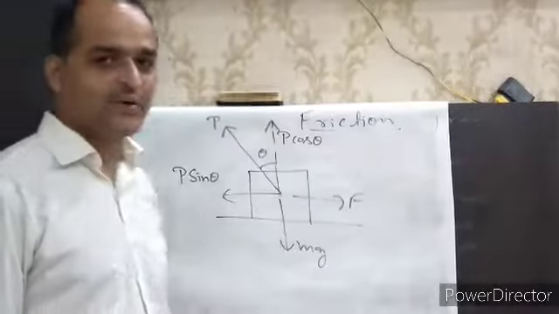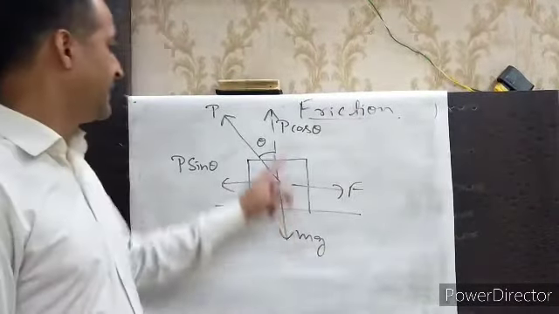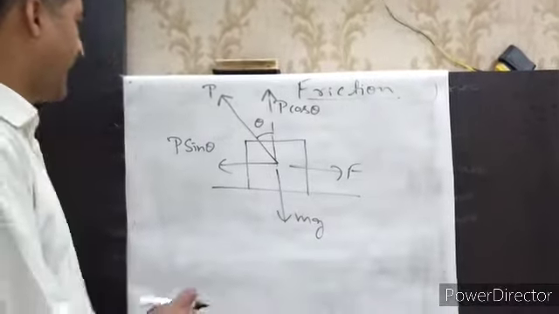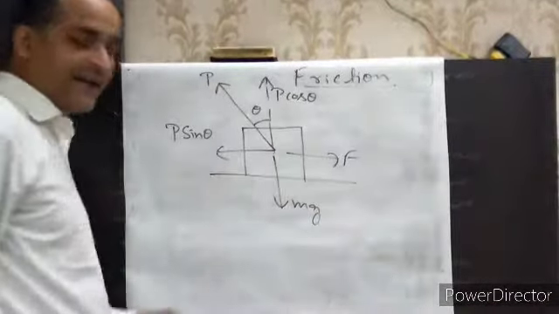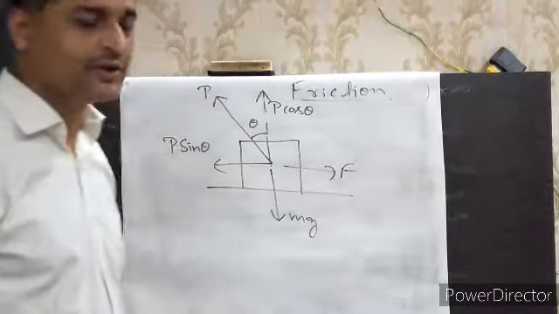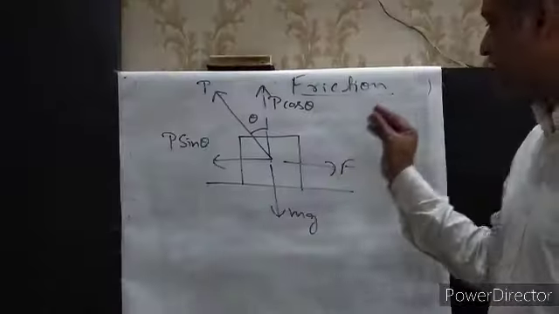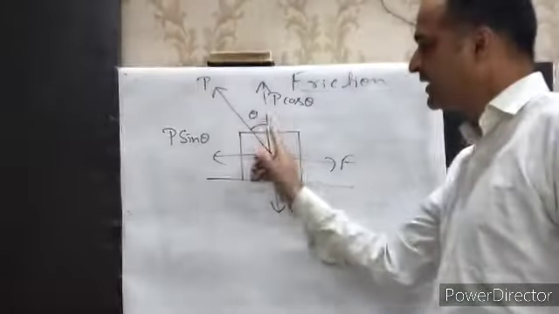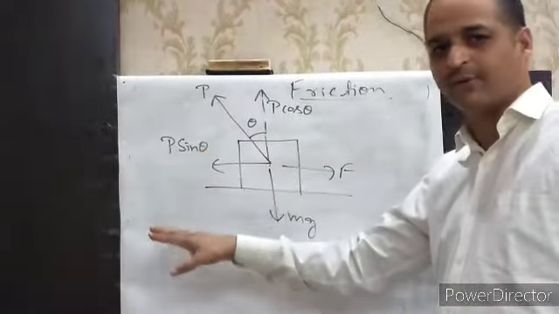The P cos theta component will counterbalance the weight of the object, mg. It is equal to the weight of the object. And this P sin theta will act against the external force. Friction is a self-adjusting force. How is it self-adjusting? If we are applying a small force, then theta will be very small. When theta is very small, P sin theta will be very small.